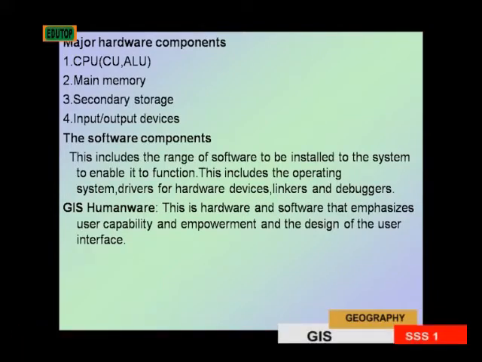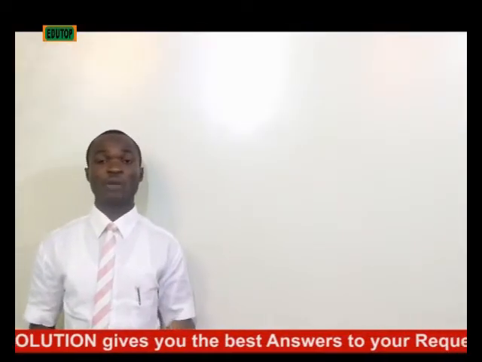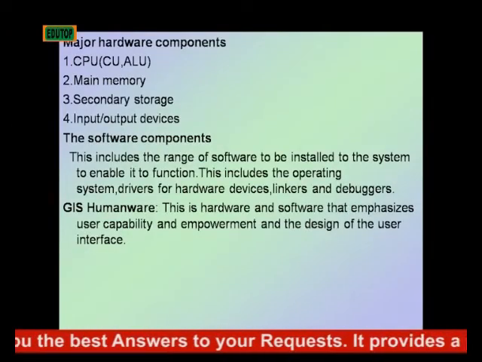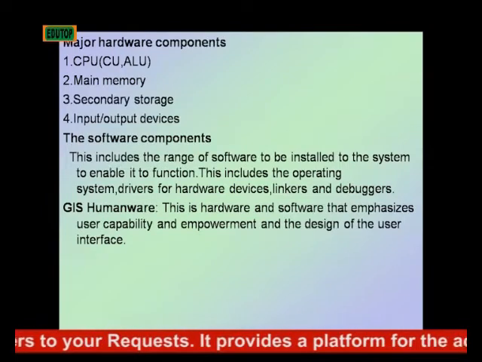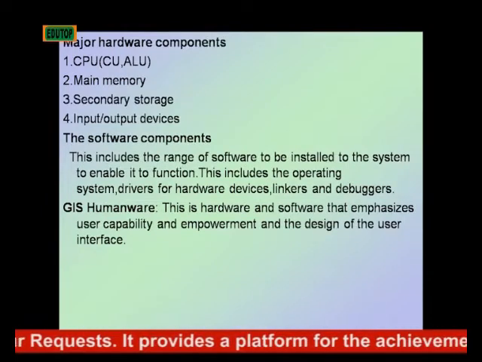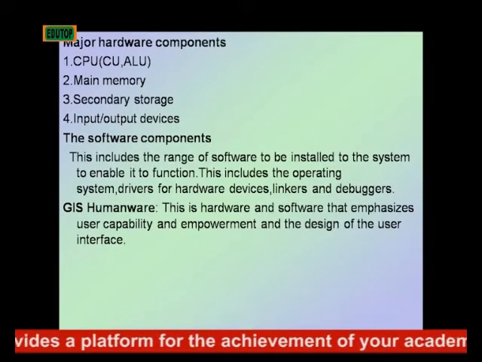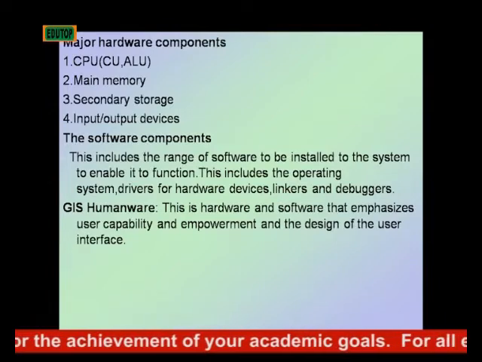And also it has input and output devices. Whereas the software components include the range of software to be installed on the computer system to enable it to function. And these include operating system, drivers for hardware devices, linkers, and debuggers.